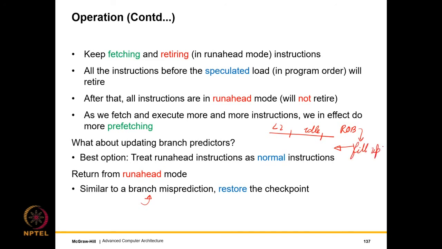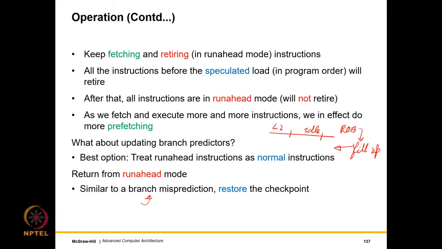Why not use this time to do something productive? What we can do is execute a lot of instructions where possibly the data might be junk, but the address will be correct.